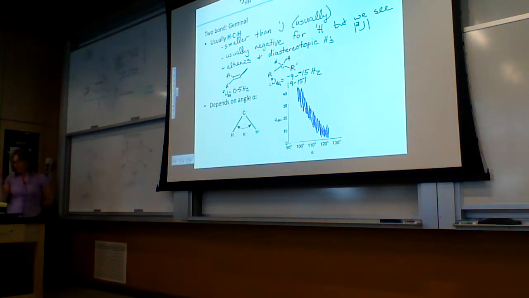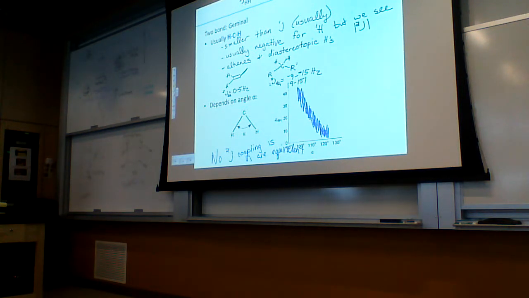Two things to be careful of. You're not going to see a J2 coupling if the protons are equivalent. So if they're equivalent by either symmetry or rotation, you don't see this coupling.